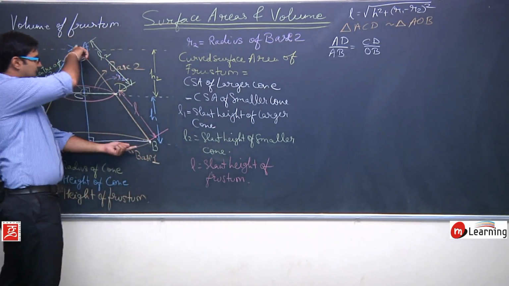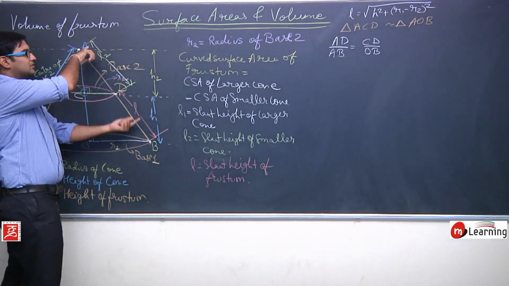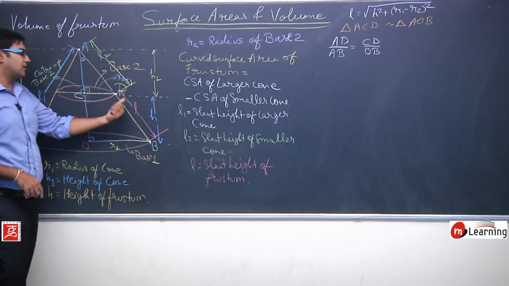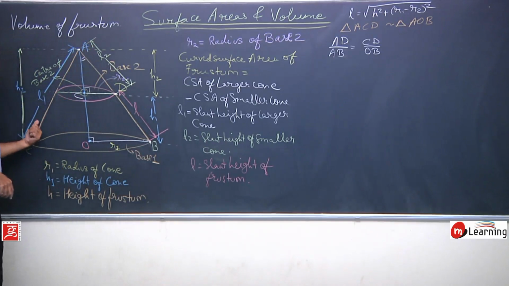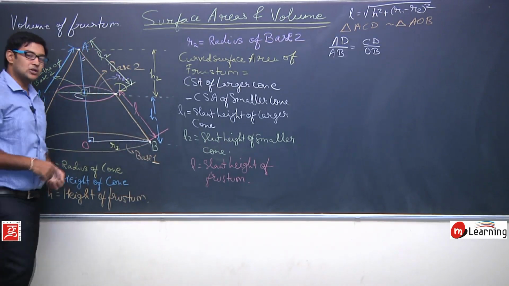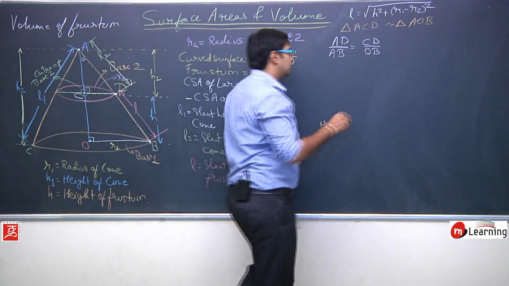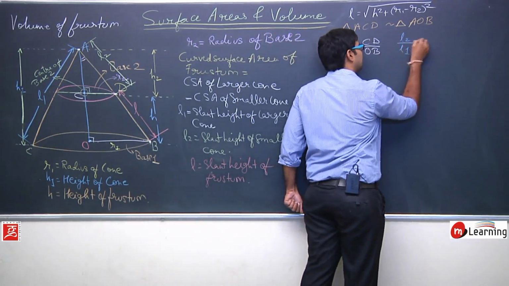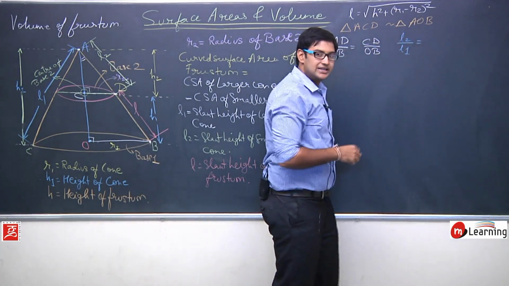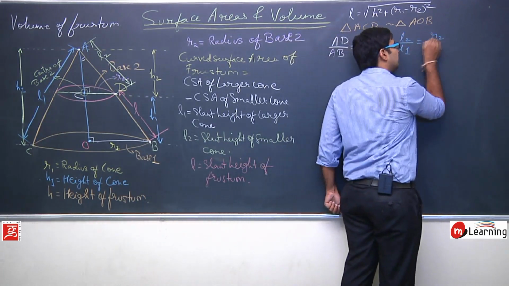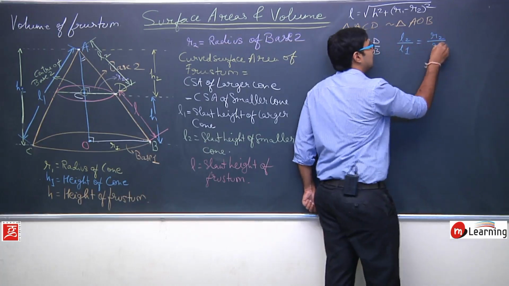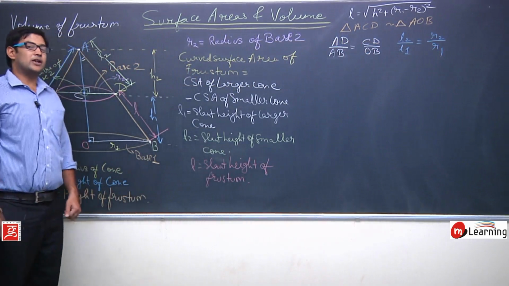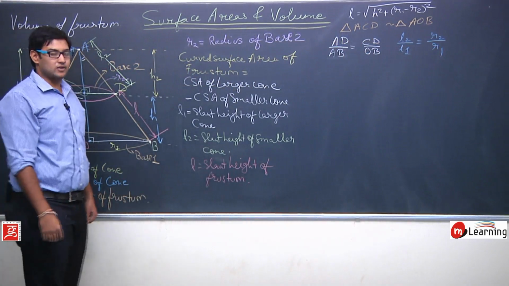In place of AD I can write L2, in place of AB I can write L1. I have marked AB here, this is L1, so this AB is also L1. So in place of AD I can write L2 upon L1, which is equals to CD. CD was R2 divided by OB is R1. This is the condition that we have. Okay, L2 upon L1 is equals to R2 upon R1.